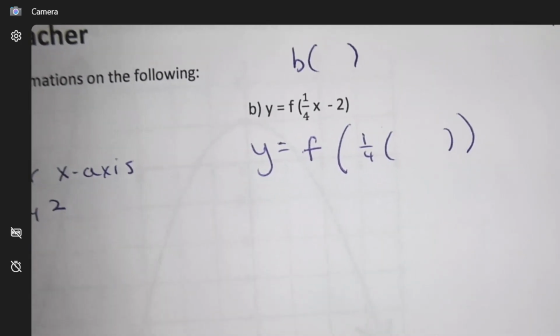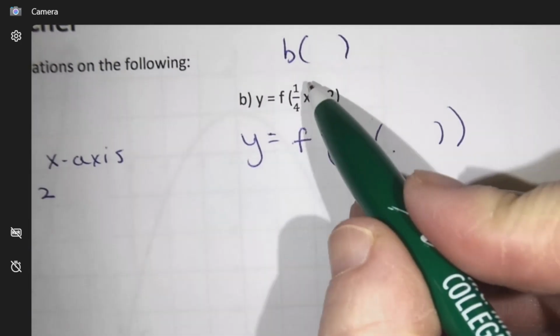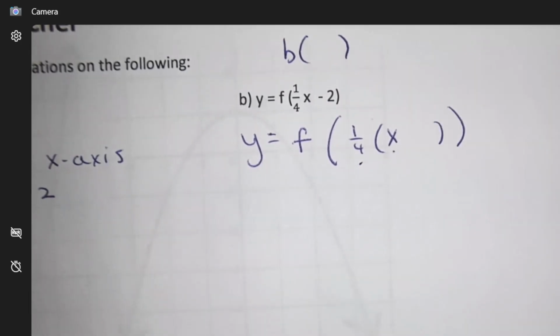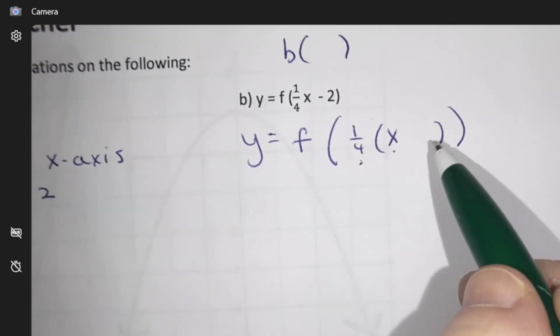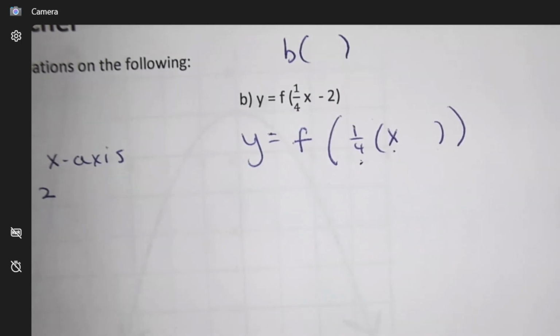Okay, ready? This is a little tricky. 1/4 times what makes 1/4 x? So 1/4 times x. 1/4 times what gets to 2? 1/4 times what makes 2? 1/4 of what number is 1/4 of 8?